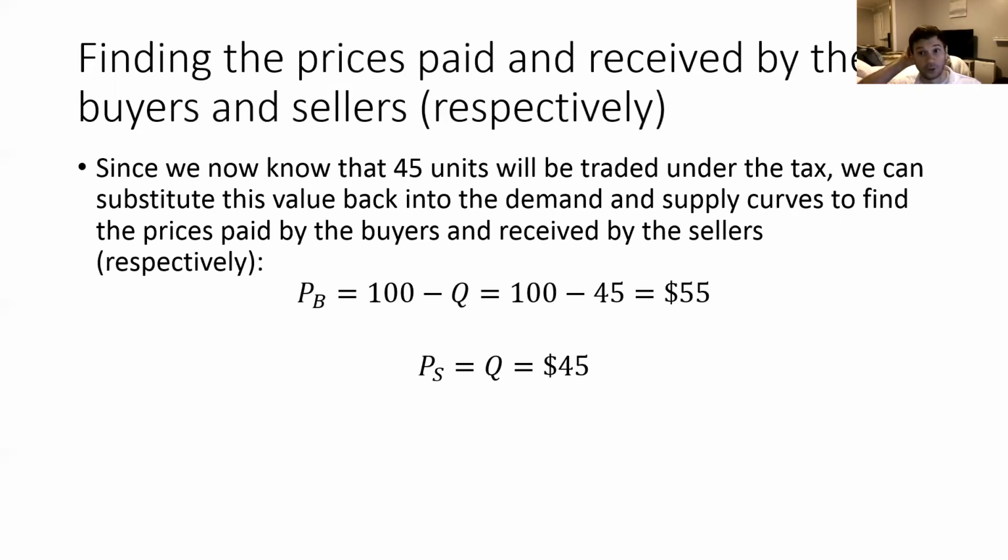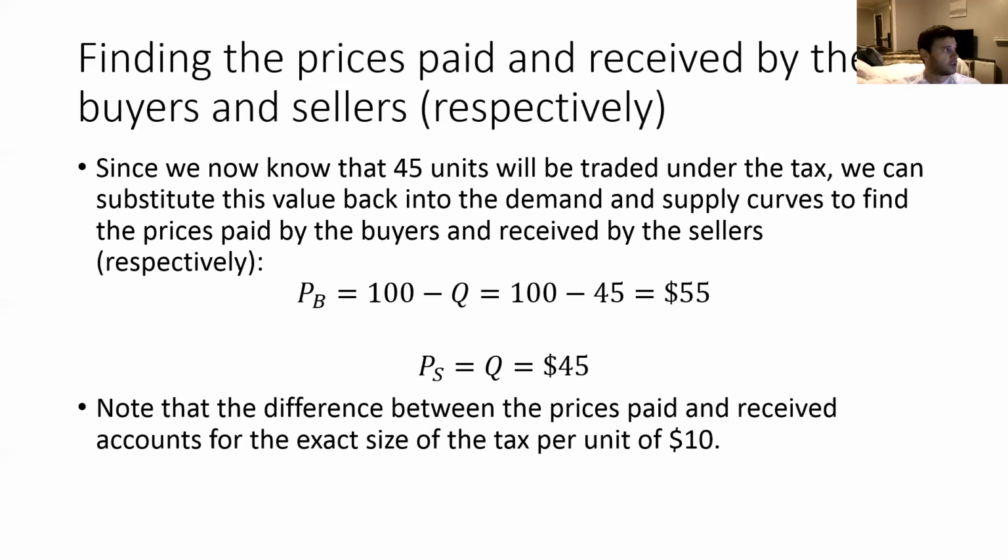And the supply curve equation was P equals Q. So plugging in Q yields the result that the sellers are actually receiving 45 bucks. So note here that the difference between the prices paid and received does account for the exact size of this per unit tax.